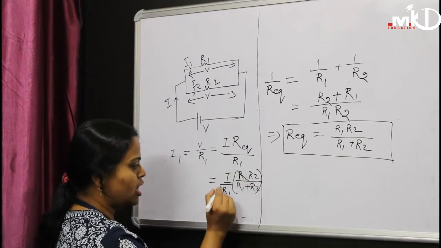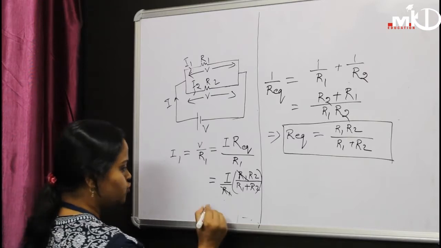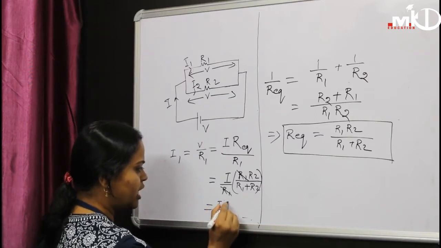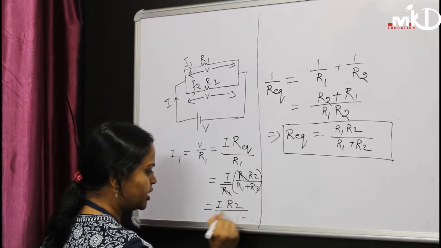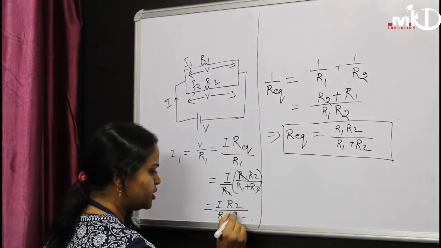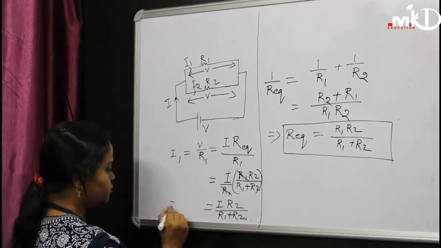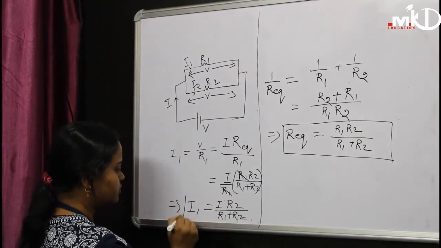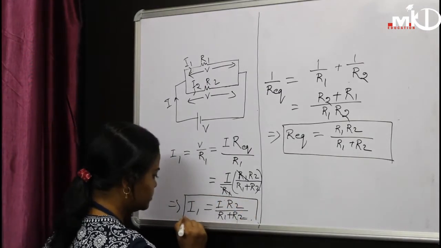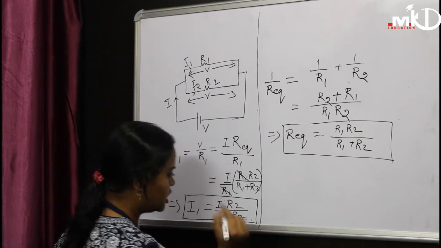So R1 and R1 cancel each other out. So this will be I into R2 by R1 plus R2. This is the value of I1.